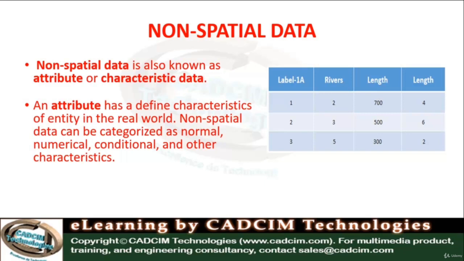Non-spatial tables are represented by rows and columns in which each row shows a spatial feature and each column represents a characteristic. The intersection of rows and columns gives the value of a specific characteristic for a particular feature, as you can see in the table. A row is known as a record and a column is known as a field or item.